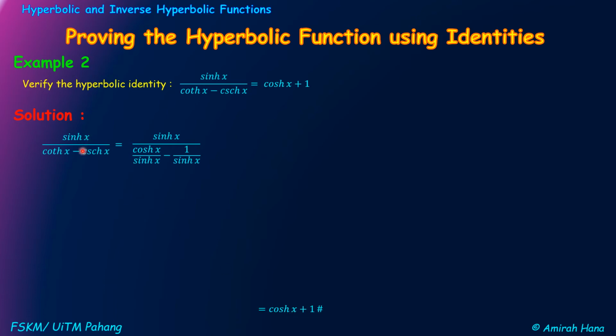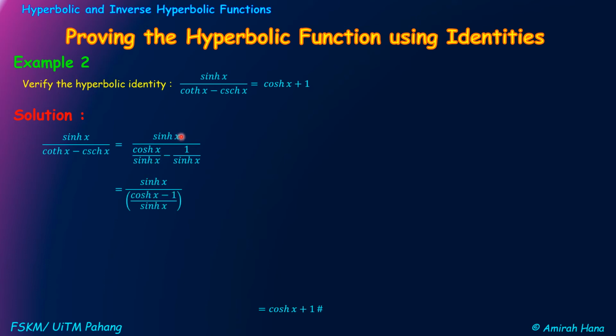And cosec x here is a reciprocal function of sin, so we can write cosec x equals 1 over sin x. From the fraction, in the denominator here, we have the same denominator, which is sin x. So we can combine.